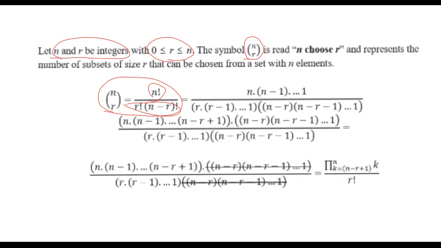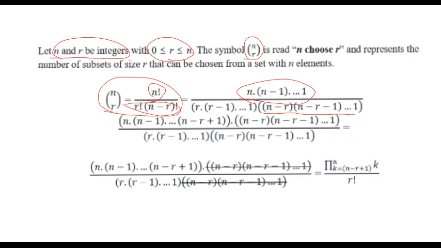So if you write the expanded form of factorials, the numerator becomes n times n minus 1 times n minus 2 all the way to 1, and the denominator becomes two parts. The first part is r factorial, which is r times r minus 1 all the way to 1, and the n minus r factorial part becomes n minus r times n minus r minus 1 all the way to 1.